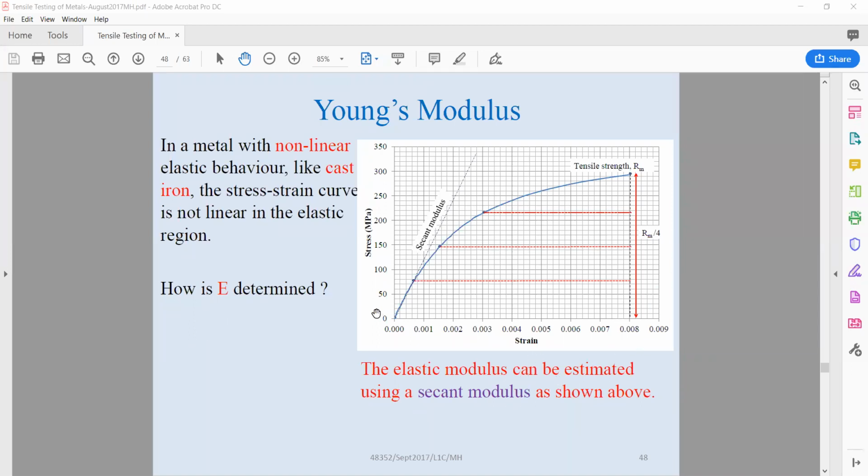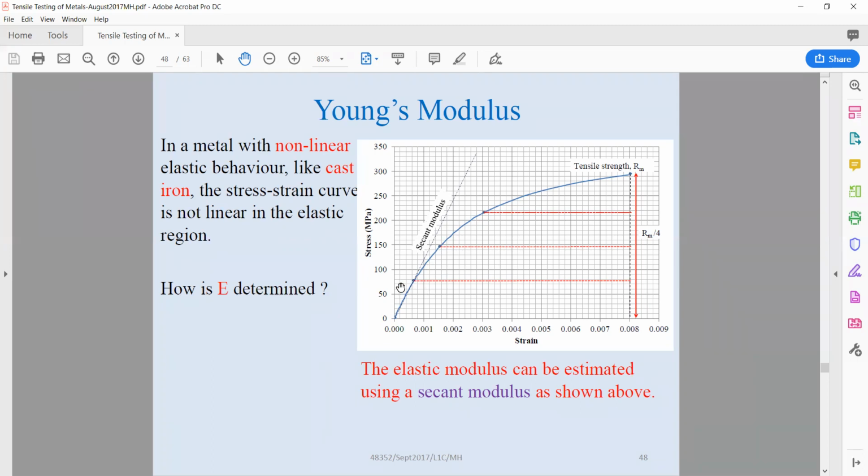As you see, the stress strain is plotted, then you divide the maximum tensile strength into 4 sections. You touch the section on the curve, then you draw a line between these points. Then that will give you the secant modulus of the sample.